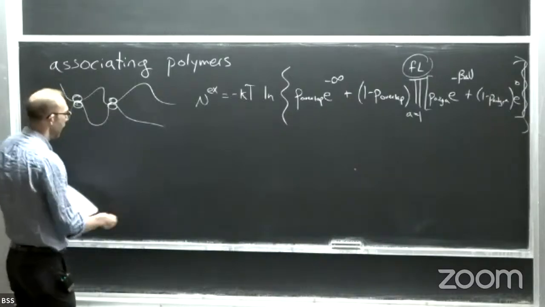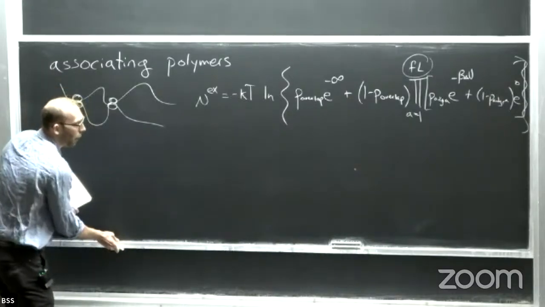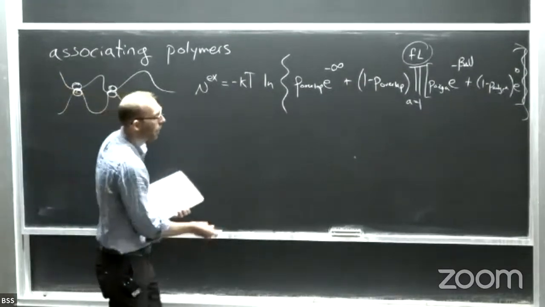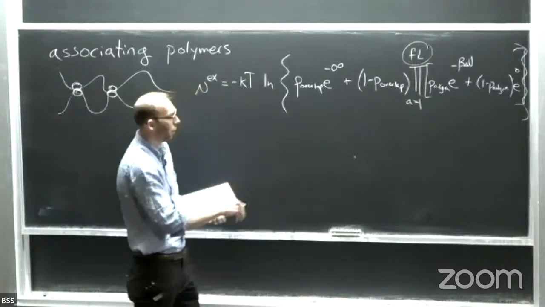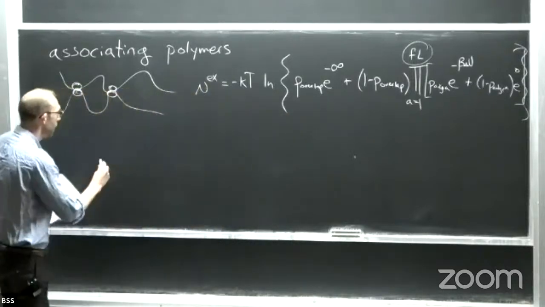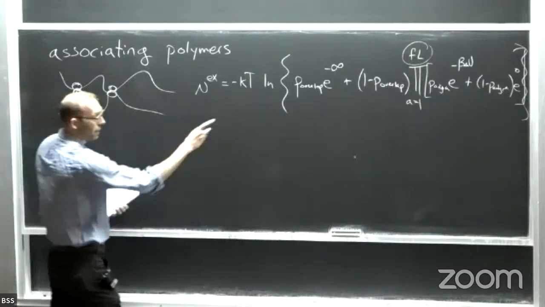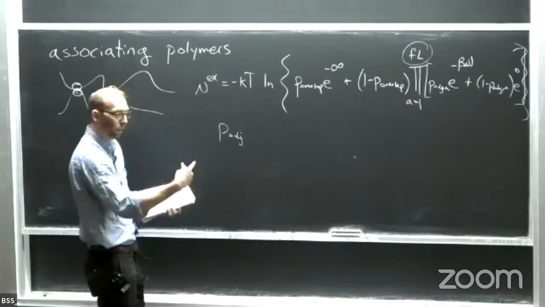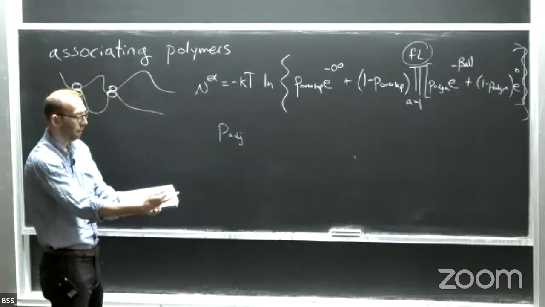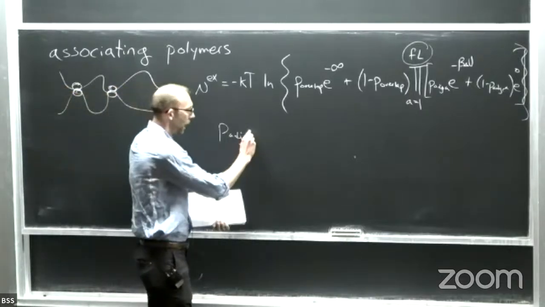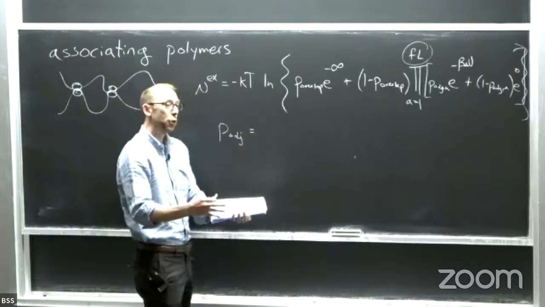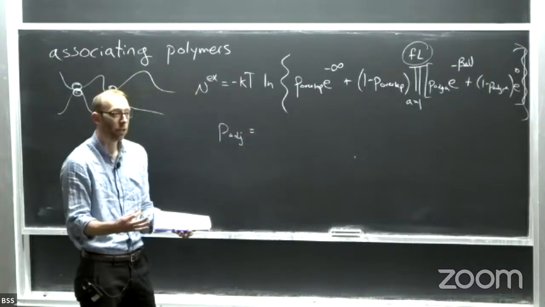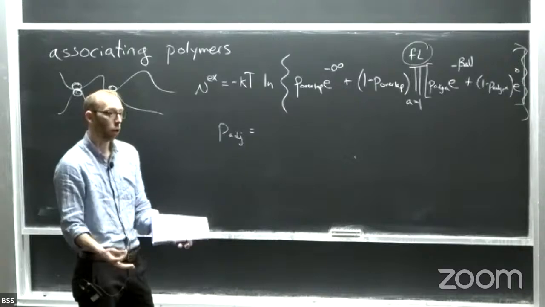And we said that so far, we haven't really made any significant approximations, but within a mean field context, we can say that this probability of finding an adjacent available binding site is a simple expression if we assume that all of the positions and orientations of the binding sites are uncorrelated.